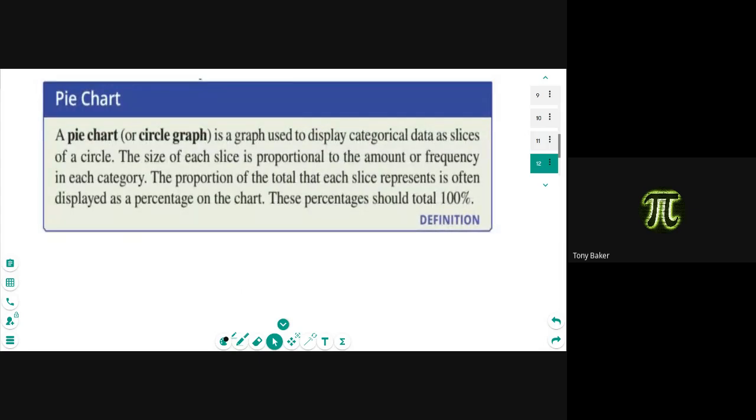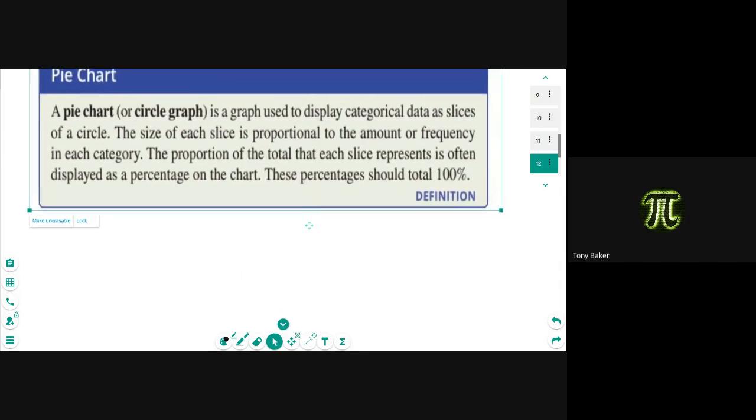All right, another type of graph. A pie chart. Everybody knows what a pie chart is? Everybody seen a pie chart before? All right, so a pie chart has very specific criteria.